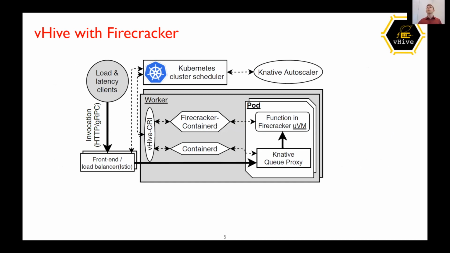So the different container runtimes don't need to all adhere to the same specification, but the CRI will bridge this. In our example, we will bring up a process using Firecracker containerd for the functions, and standard containerd for all the infrastructure code. So all the Kubernetes and the Knative parts will run in containers, and the actual function executions will use Firecracker.